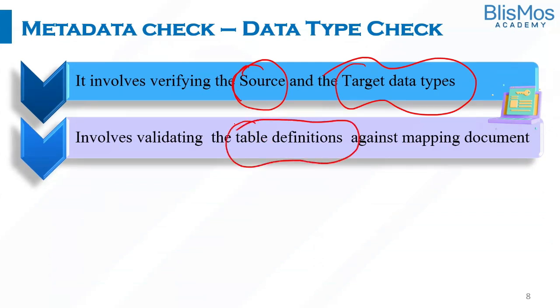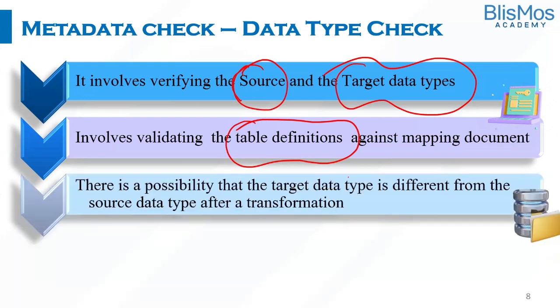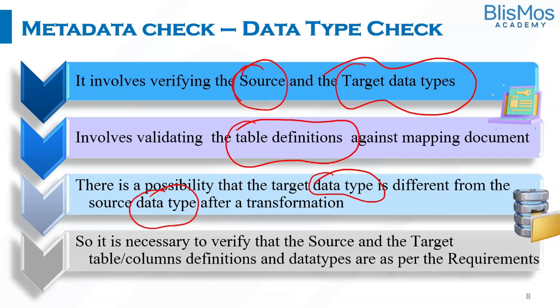When I say table definitions, it involves multiple things like what are the fields or columns and what is the source, what is the target, all those aspects which are mentioned in the mapping document. There is a possibility that the target data type is different than the one which is mentioned in the mapping document. There is a possibility that the source data type is different from the one which is mentioned in the mapping document. So at the end of the day, we are validating the metadata as against the mapping document.